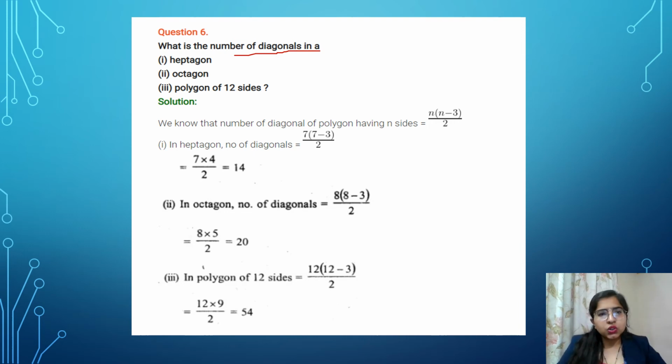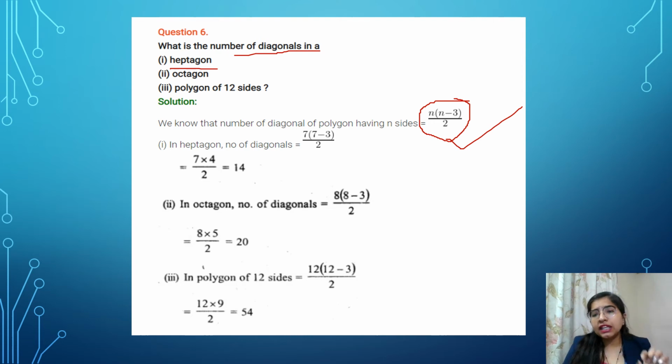So what is the number of diagonals in a heptagon? Heptagon means 7 sides. To find the number of diagonals, there is another formula, that is n into (n minus 3) divided by 2. You have to learn this formula. And what is the value of n over here?